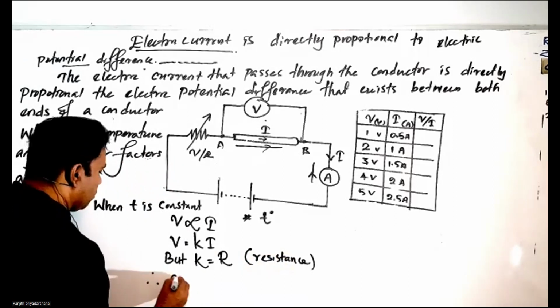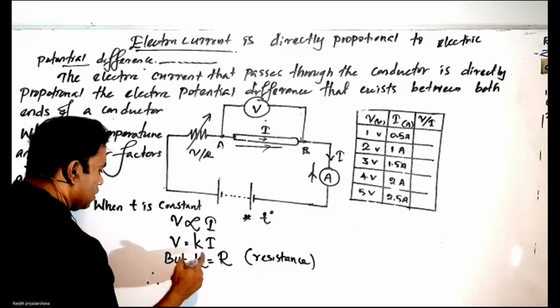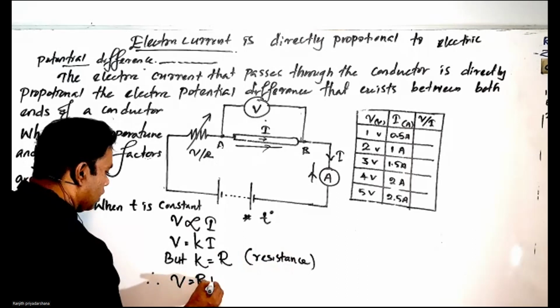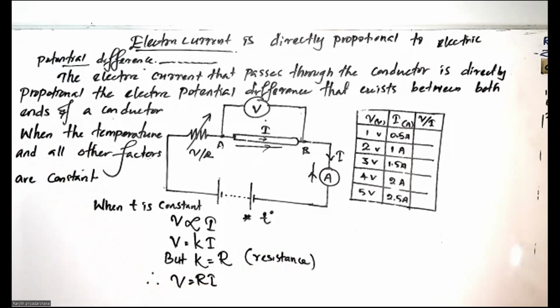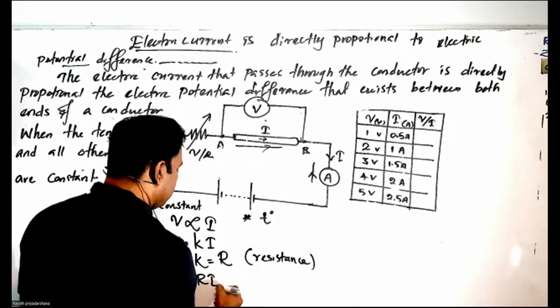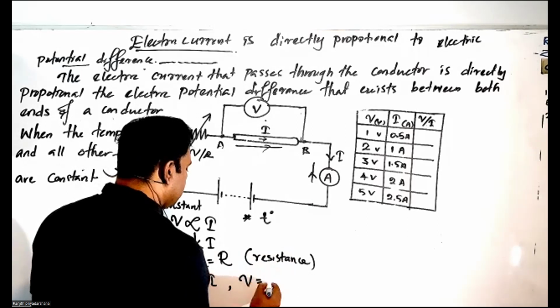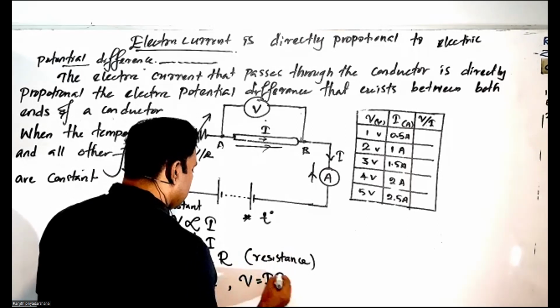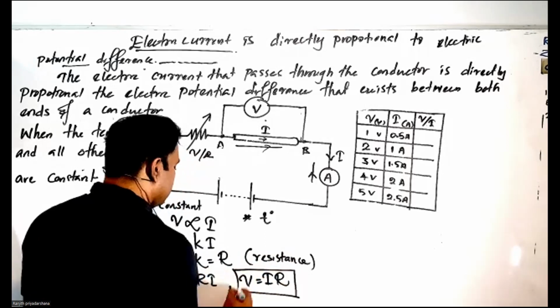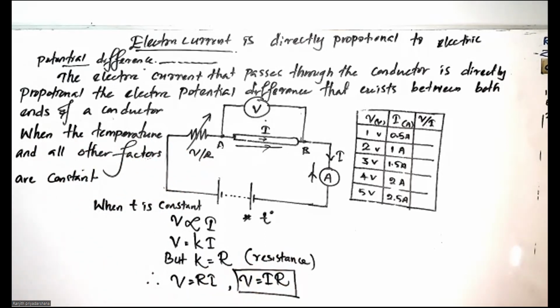Therefore, V equals RI, but according to the alphabet, you write V equals IR.